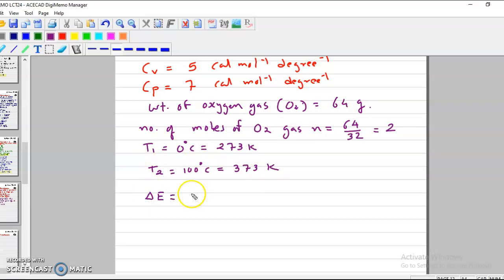So delta E is equal to n CV (T2 minus T1). Here number of moles are 2, heat capacity at constant volume is 5, T2 is 373 and T1 is 273. The answer will be in calorie, that you can calculate and find out.